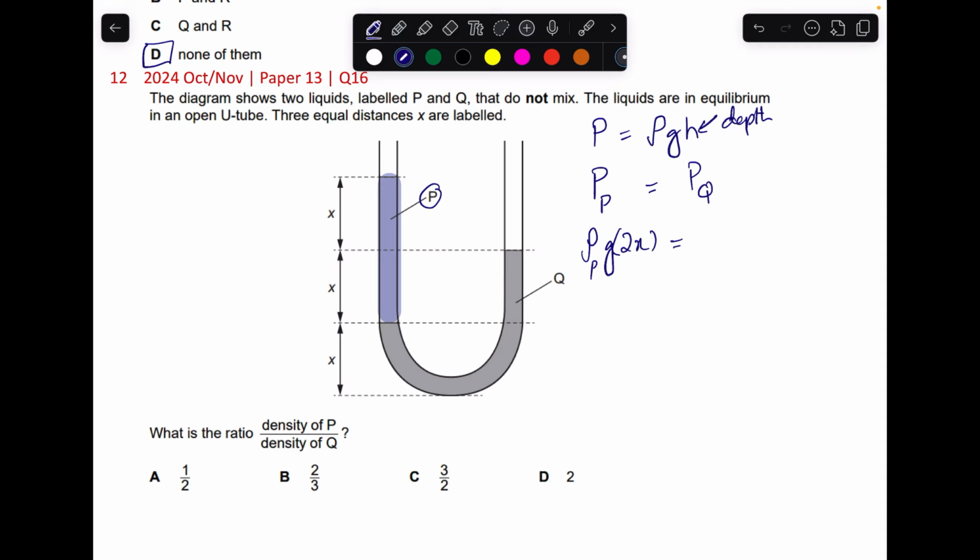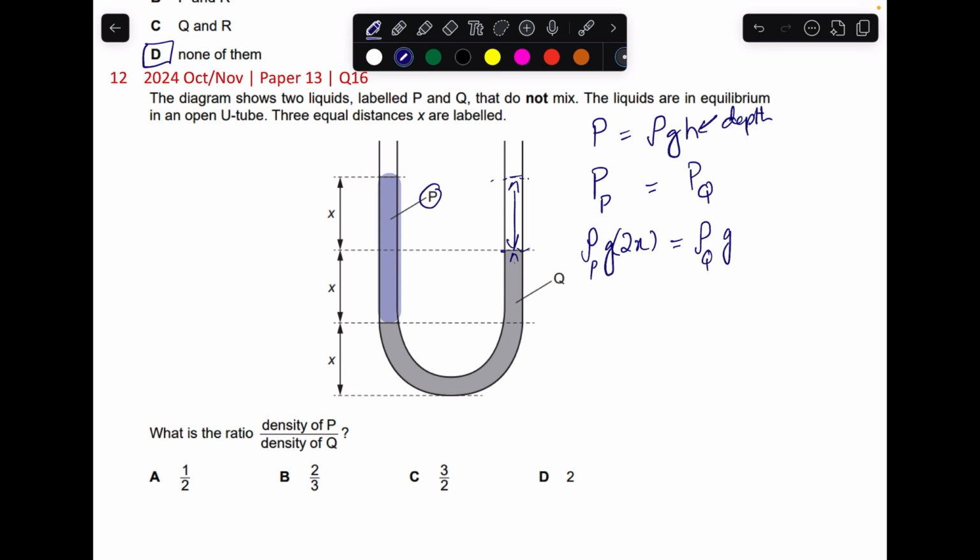For the depth of Q, the density of Q is rho Q, let's call it like this, g, and the depth is, for Q, this is the difference, it's 1x, right?